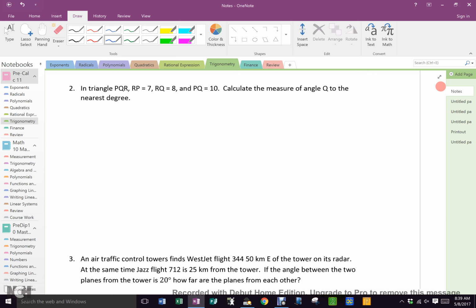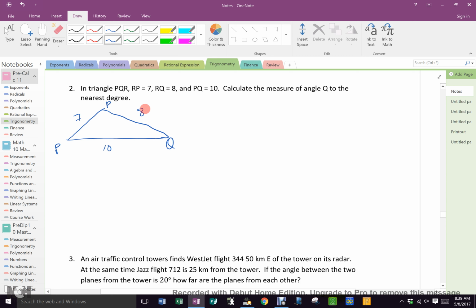Right? So let's draw it. What's the longest side? 10. So there's 10, and that's P to Q, yes? R to P is 7, so I'm going to make that 7. And then I'm going to make that 8.